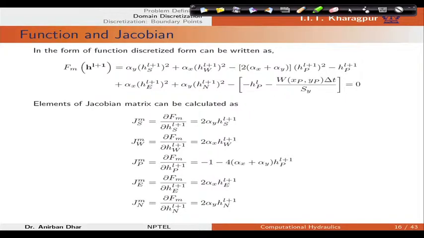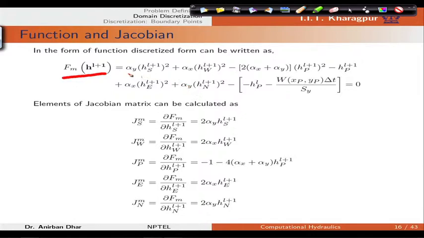Now, if we have a nonlinear equation, obviously we need to solve it using some nonlinear technique, and one of such techniques is Newton-Raphson. In Newton-Raphson, we need to define the Fm or our function, which is a function of h L plus 1, all unknown quantities.